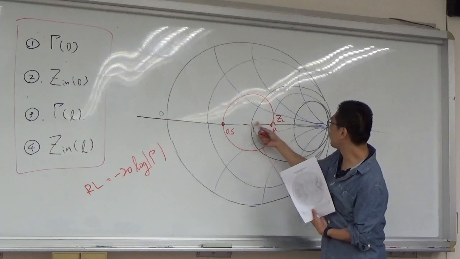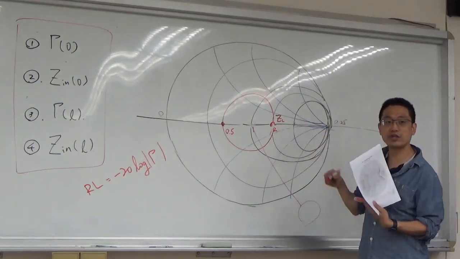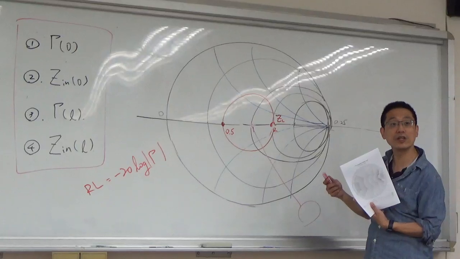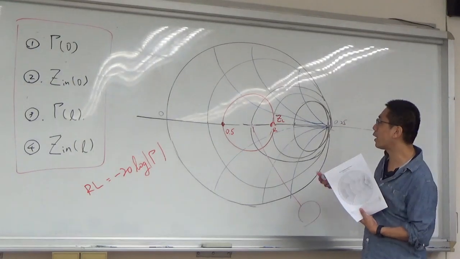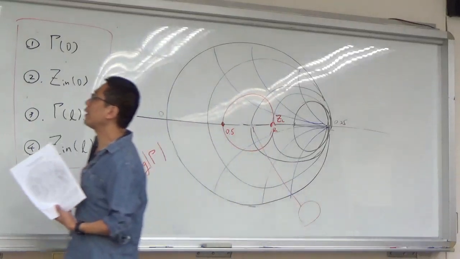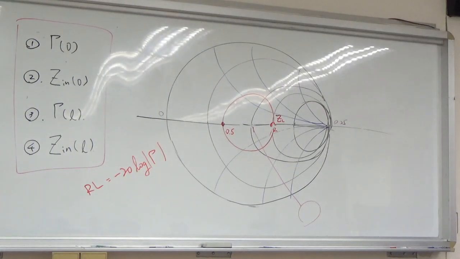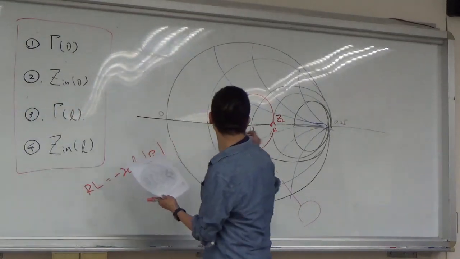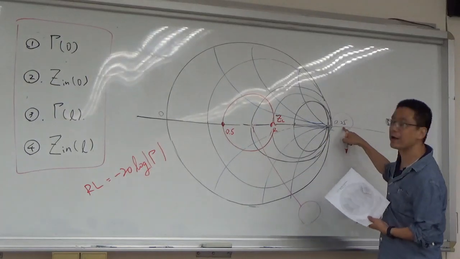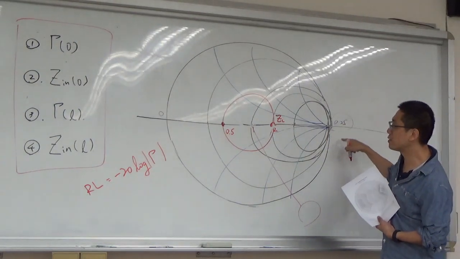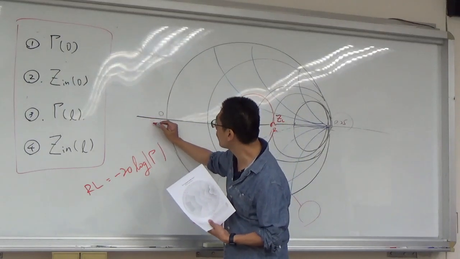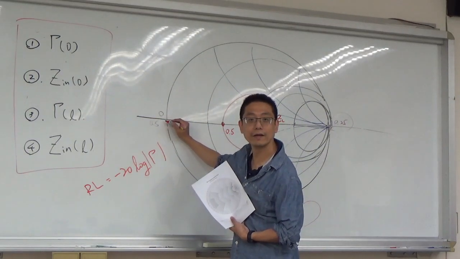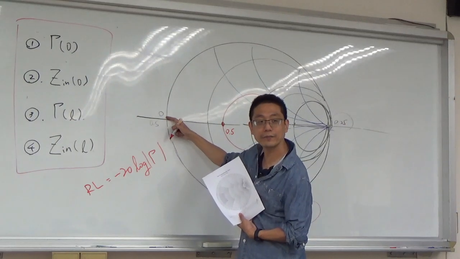Those are just a mark for a position. If you want to know what is the length of maybe 0.3 lambda, what is the impedance after 0.3 lambda? You can find the number 0.25 here. At 0.25, this is 0.5, right? And also 0, right?